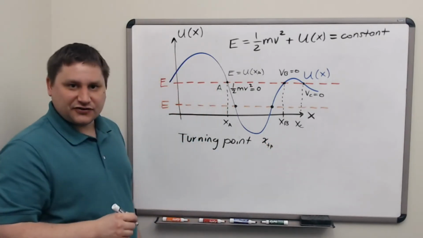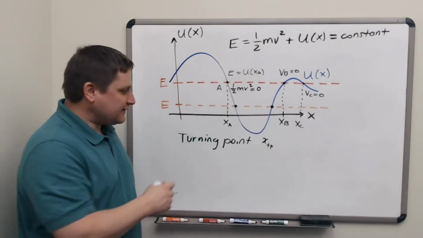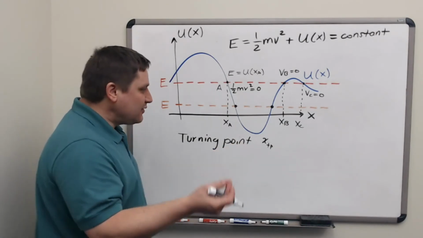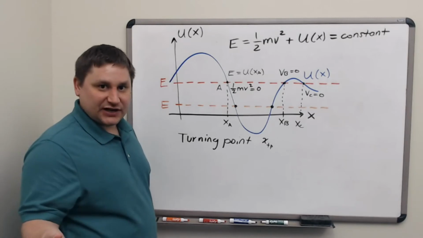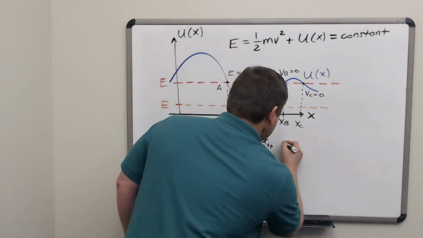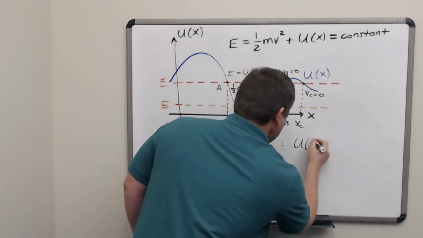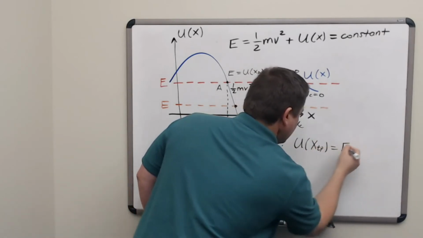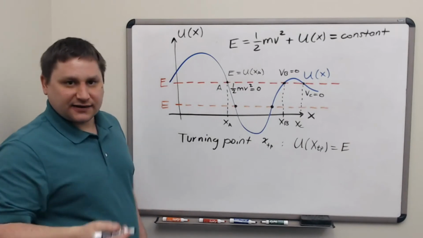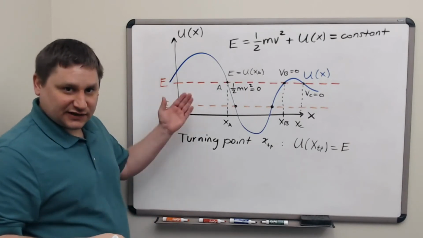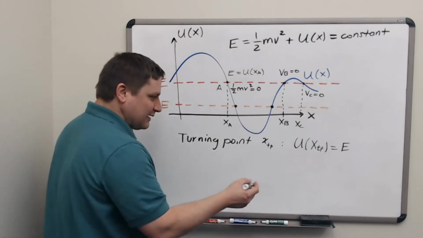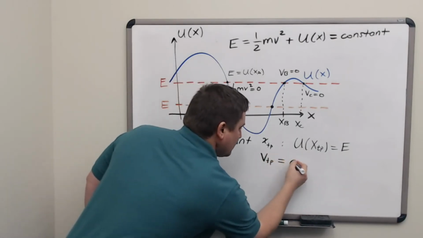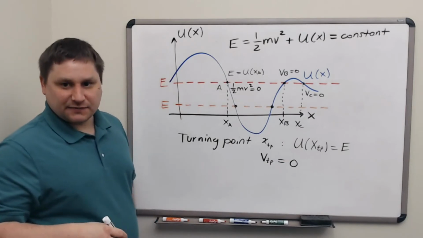The general definition of a turning point is a coordinate value at which the potential energy equals the total energy that the object has. A direct consequence of this, as we just explained, is that at a turning point, the speed of the object must be 0.